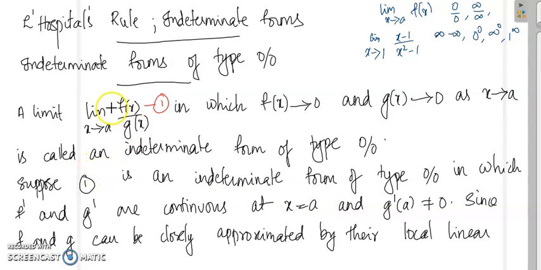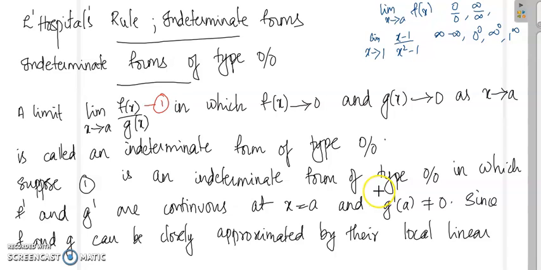So if you have the functions f and g such that it satisfies these conditions, okay, then f and g are differentiable and the functions f dash and g dash are continuous at x equal to a and g dash of a is not equal to 0. So this is how we have the functions f and g.